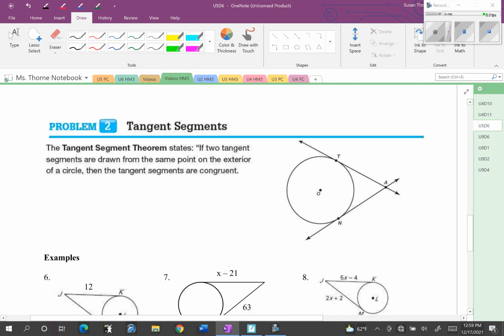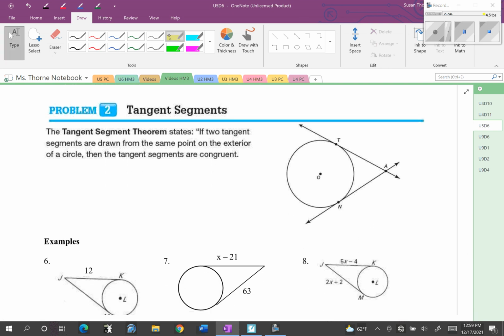All right, tangent segments. The tangent segment theorem states if two tangent segments are drawn from the same point on the exterior of a circle, then the tangent segments are congruent. So we have over here in this picture AT, which is a tangent line, and AN, which is also a tangent line.